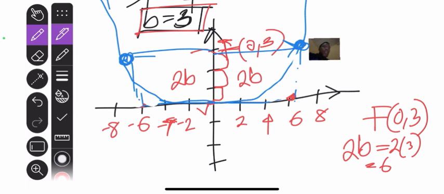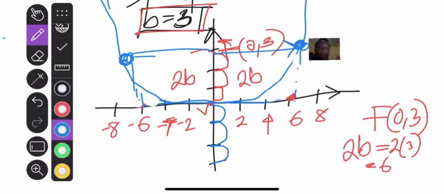Now what about the directrix? The directrix is also going to be 3 units away from the vertex downward. That is, I'm moving 1, 2, 3. We are using 1 centimeter to 1 unit on the y-axis, if you notice. So this broken line here is where the directrix is going to be.